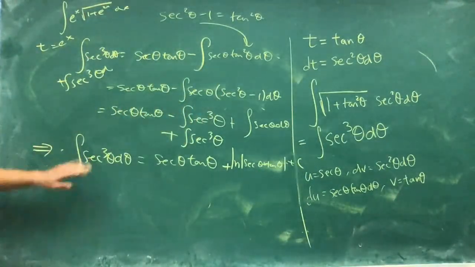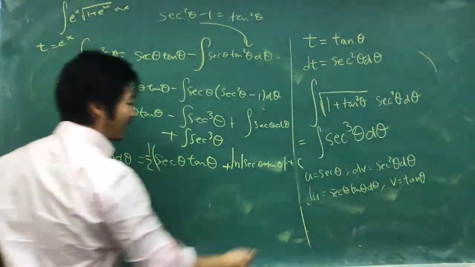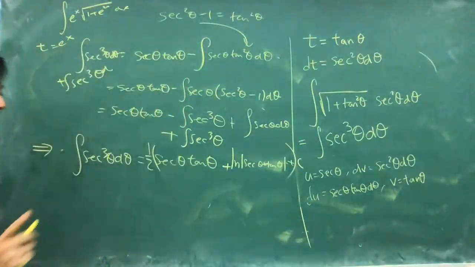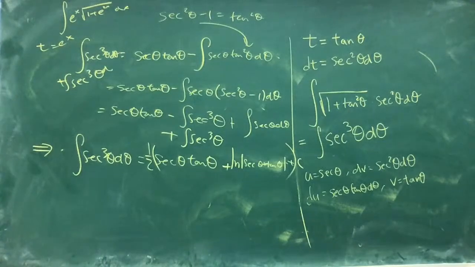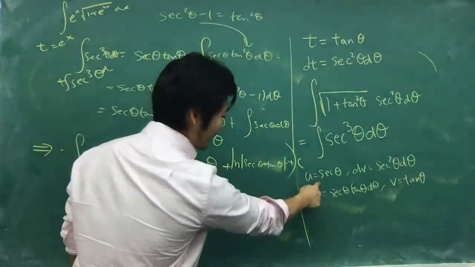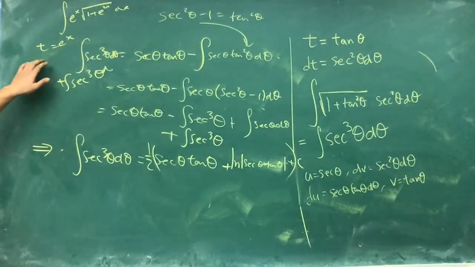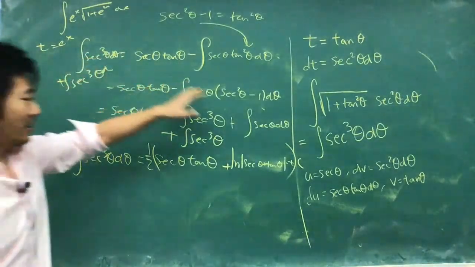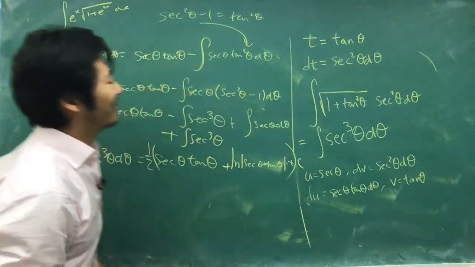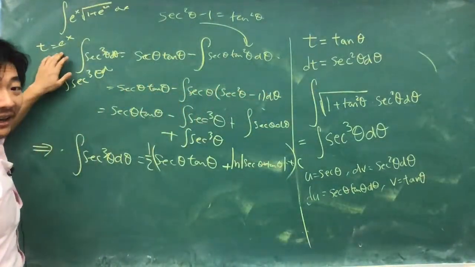So divide by 2, or multiply by a half. And that is the integral of secant cubed. But we're not done yet because we have to substitute this back in for t. But t is e to the x.